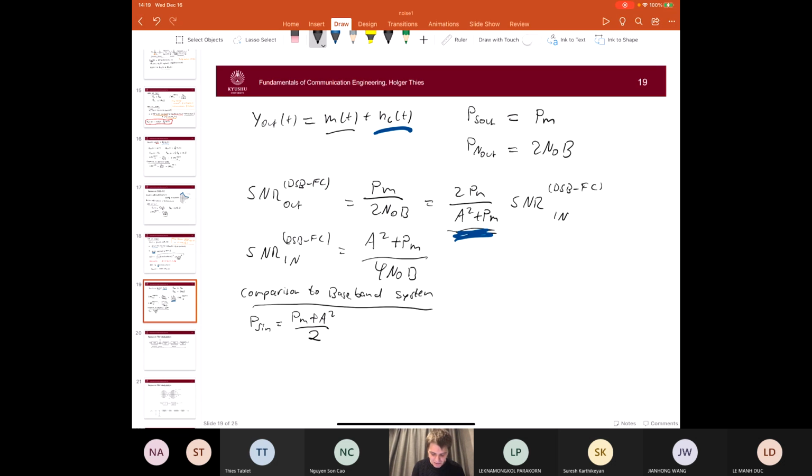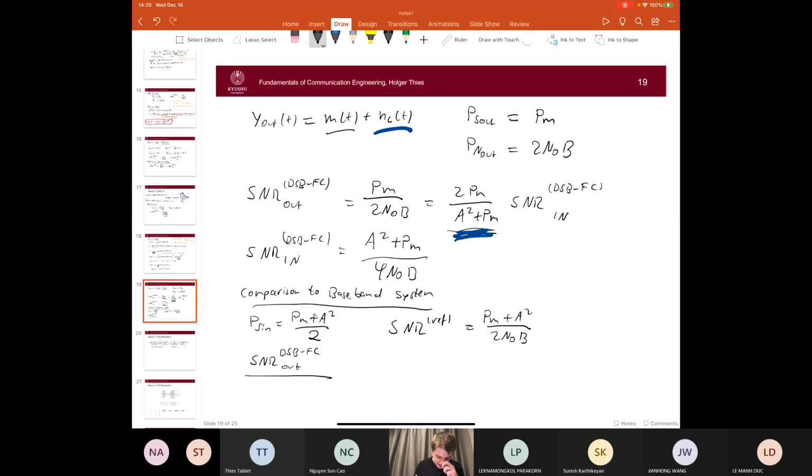And we want to compare what happens if we send a message with the same power through the baseband channel, where we don't do any demodulation. Then we had that the signal to noise ratio was just this power divided by n0 times b. So the signal to noise ratio of our reference system is pm plus a squared over 2n0b. And let's see by what factor this modulated system is worse than our baseband system.